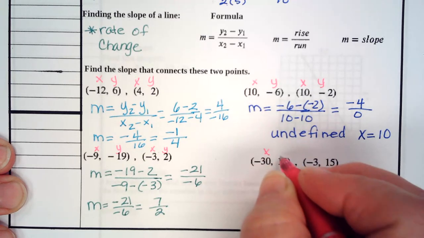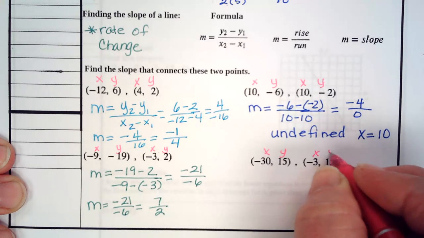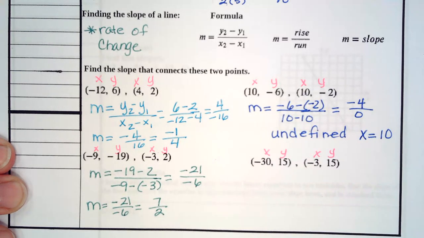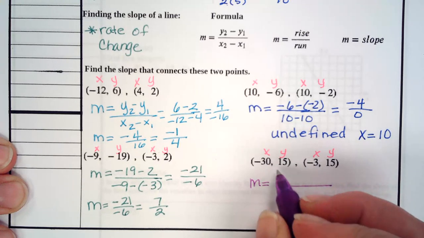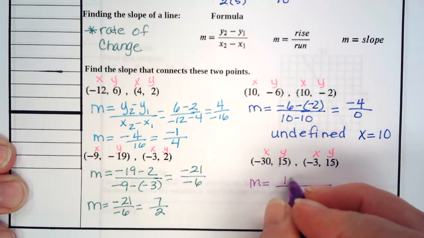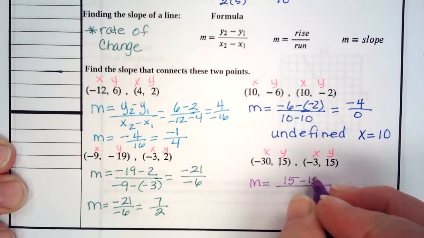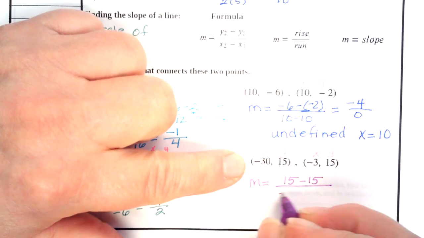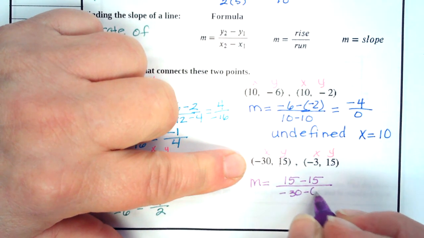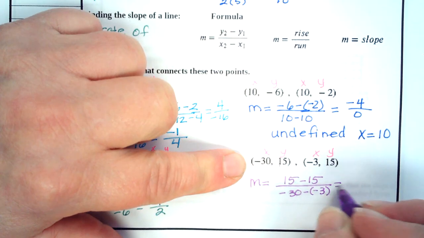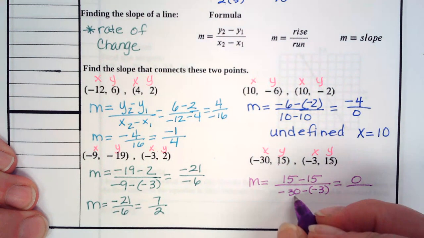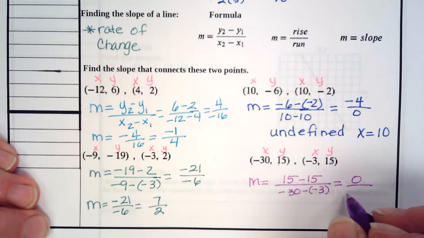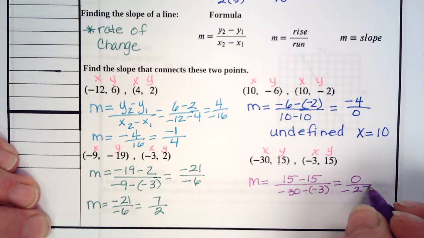So this is x, y, x, y. (15 minus 15) over negative 30 minus negative 3. 15 minus 15 is 0. 30 minus negative 3 is 30 plus 3, which is negative 27.